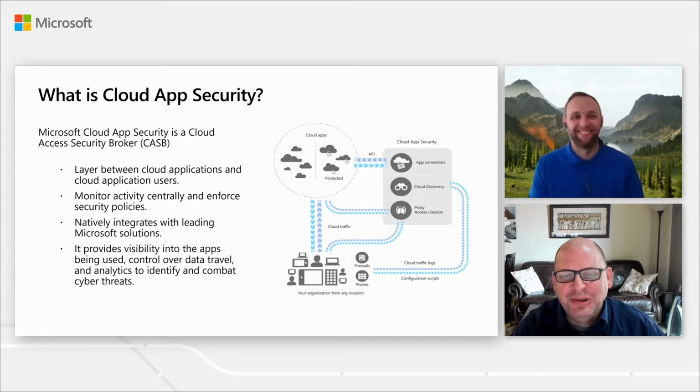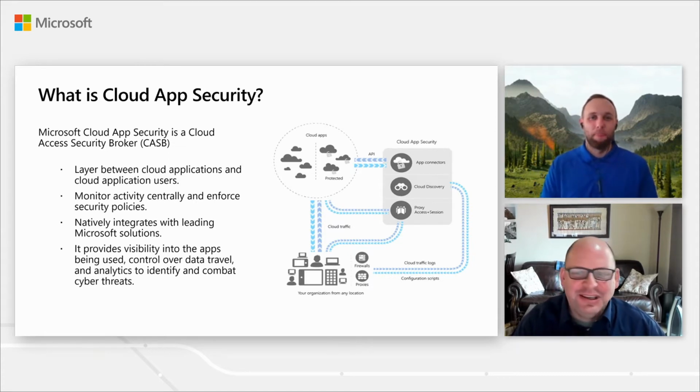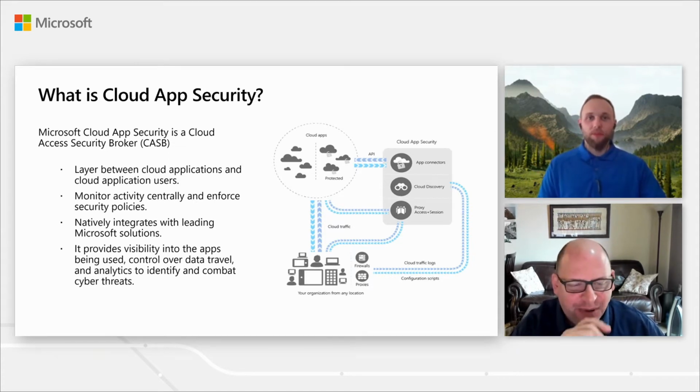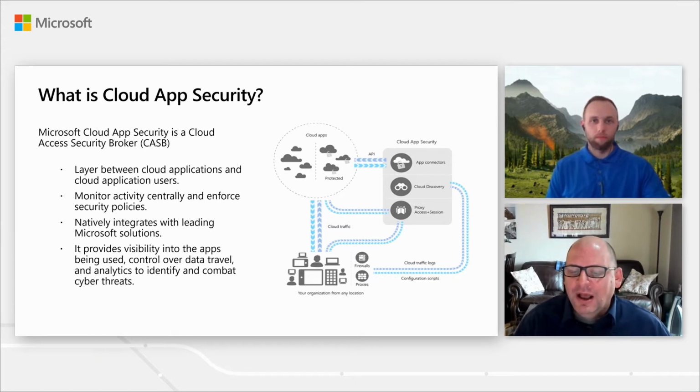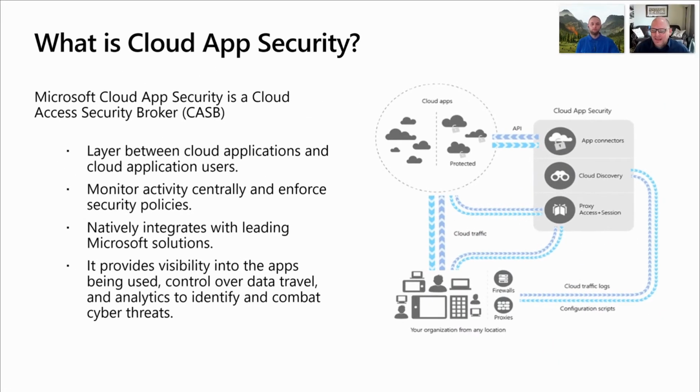Yeah, this is a simplified architecture, but let's take a look at that Cloud App Security box. Cloud discovery is basically analyzing all those traffic logs against the Cloud App Security catalog that we have of more than 16,000 cloud apps and more than 80 risk factors. These apps are ranked and scored to provide that risk assessment report.